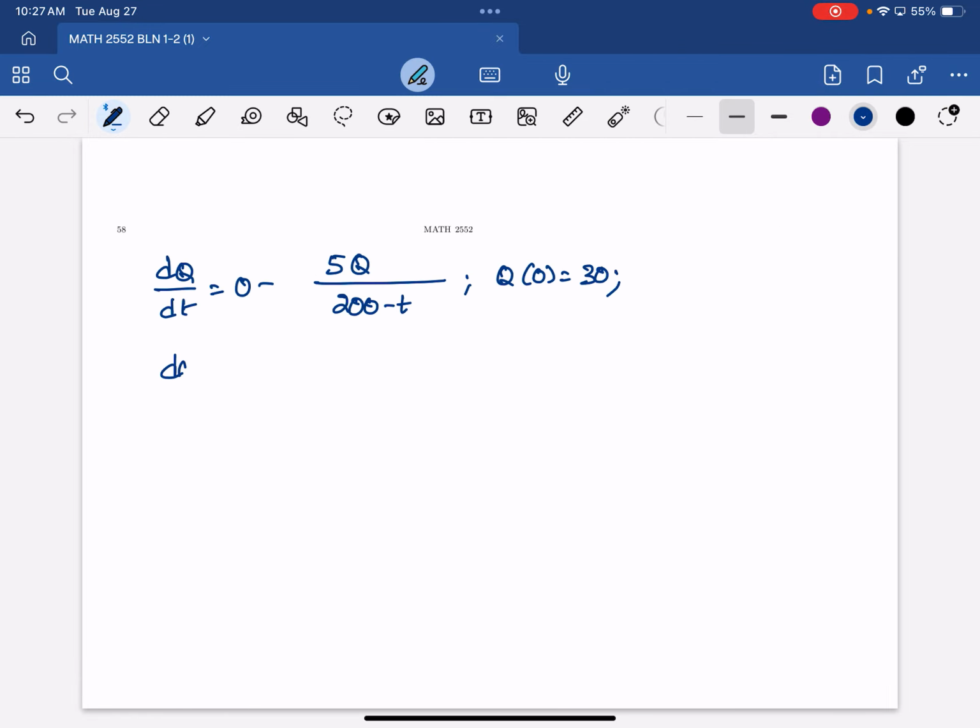So you get dq/dt equals negative 5Q divided by 200 minus t, and Q of 0 is 30. Again here you could use either variable separable or method of integrating factor. Clear? Everyone okay with that? Any questions? Okay.